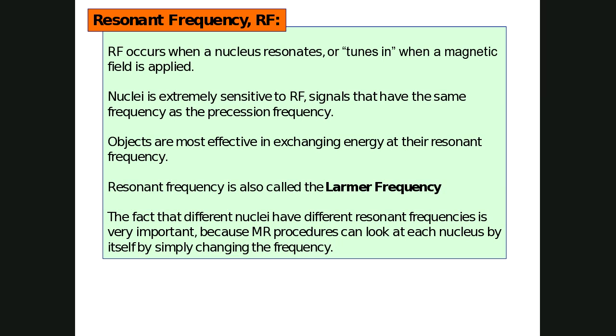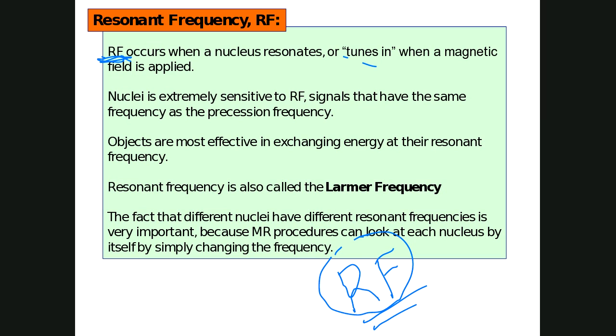Now, we wanted to talk about something called RF, because remember, in MRI, the M stands for magnetic, R stands for resonance, or resonance frequency, and the I stands for imaging. What is meant by resonance frequency? Resonance frequency occurs when the nucleus, meaning the proton, resonates or tunes in when the magnetic field is applied.